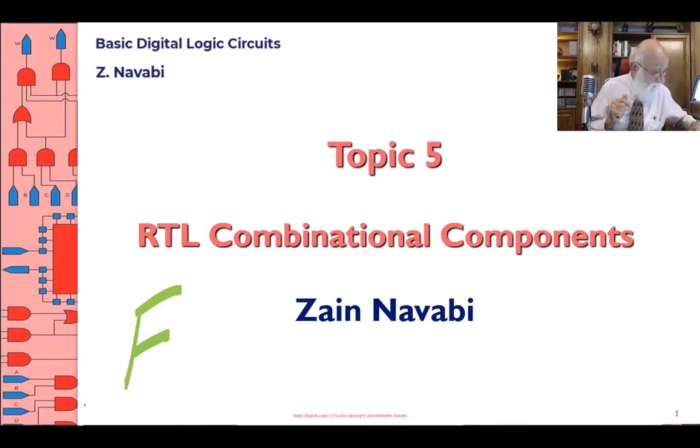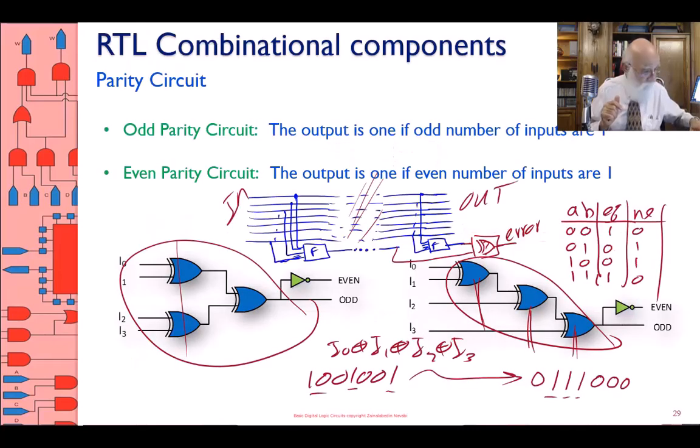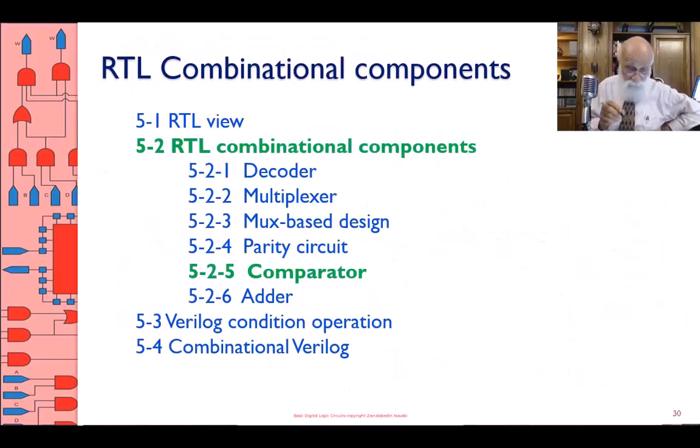So let's get started with the comparator. This is a comparator part, and then after that we get into the adder, which is again more complex. We have seen a little bit of adder.